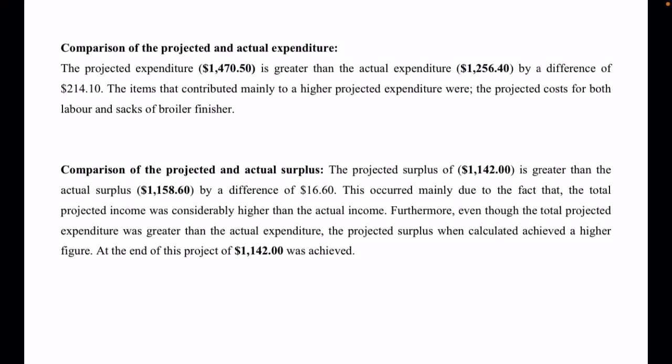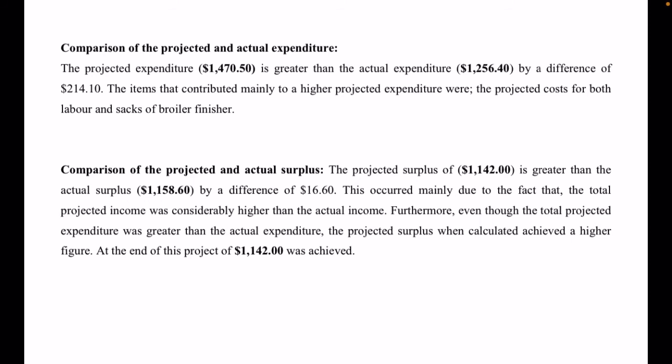Now, let's look at a comparison between the projected and actual surplus. The projected surplus, $1,142, is greater than the actual surplus, $1,158.60, by a difference of $16.60. This occurred mainly due to the fact that the total projected income was considerably higher than that of the actual income.